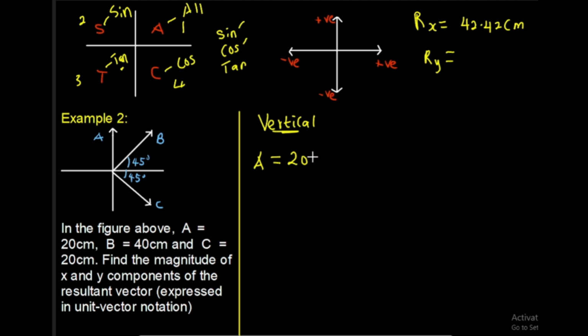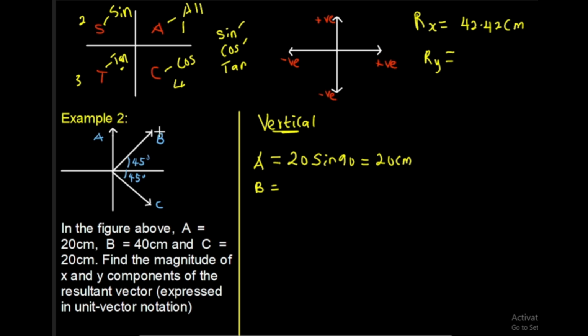So say 20 sine 90. Now A falls on the positive y-axis, so the vector is positive, so we don't attach any negative sign here. So we have 20 sine 90, and sine 90 is 1, so 20 times 1, that's 20 cm.